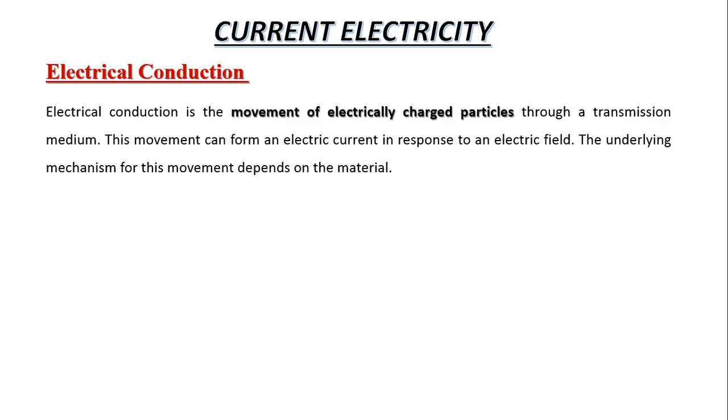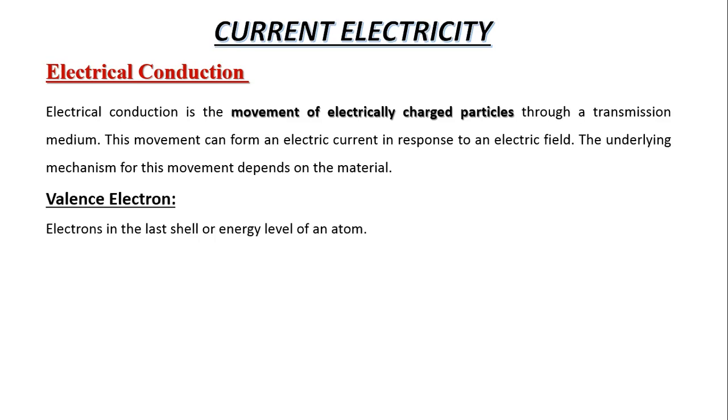But the underlying mechanism for this movement also depends upon the material, whether it is a good conductor, a moderate conductor, or a bad conductor or insulator. The nature of current is very much dependent on the material.